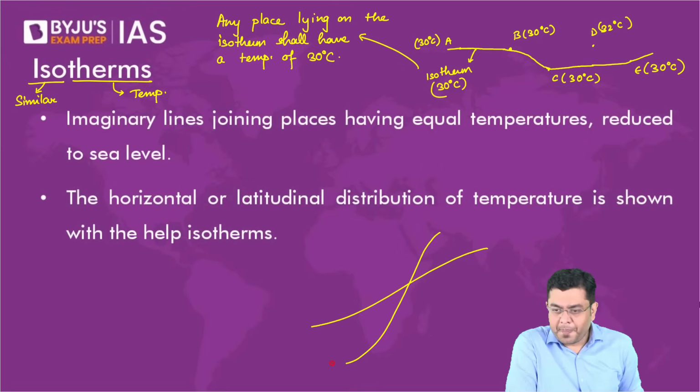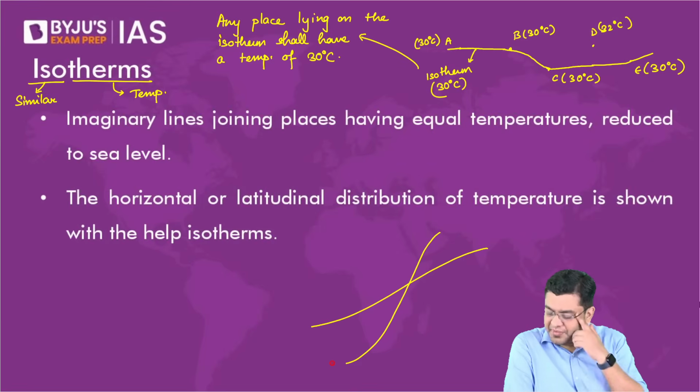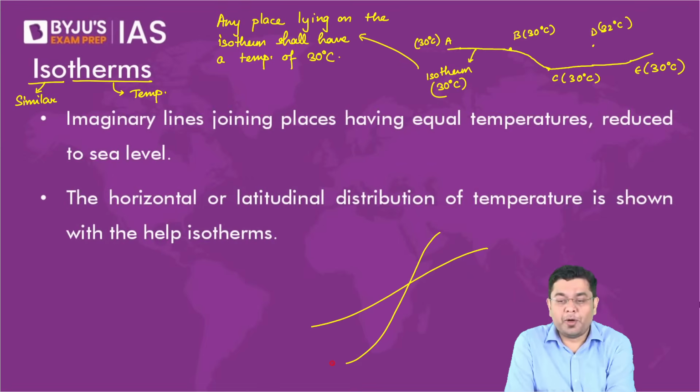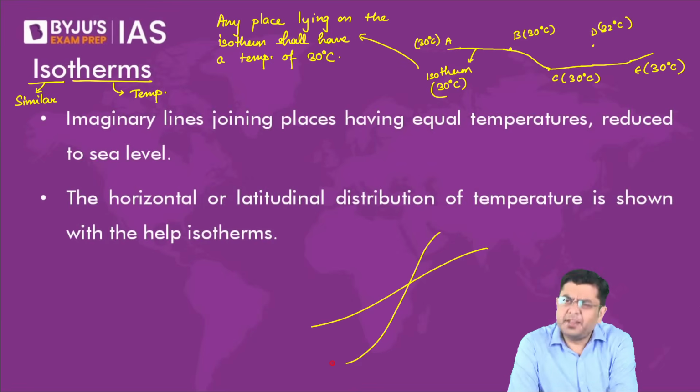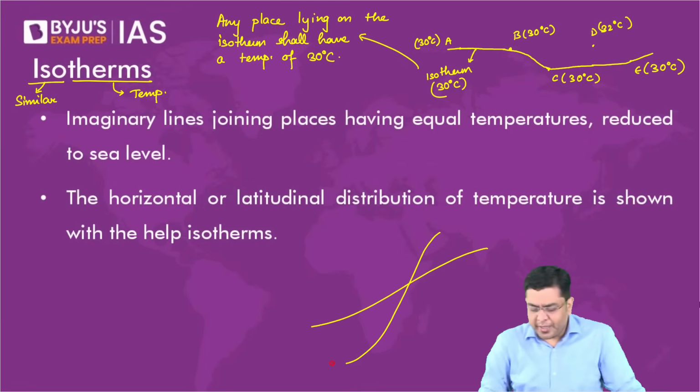Can we have that? Very good. Few of you have said yes. And you have said yes with quite a good amount of vehemence and surety. So, the isotherms can never crisscross each other. Why? The reason is very simple and straightforward.